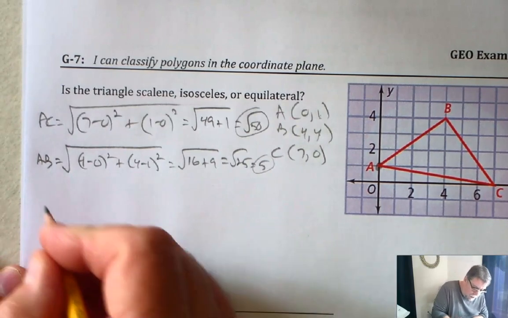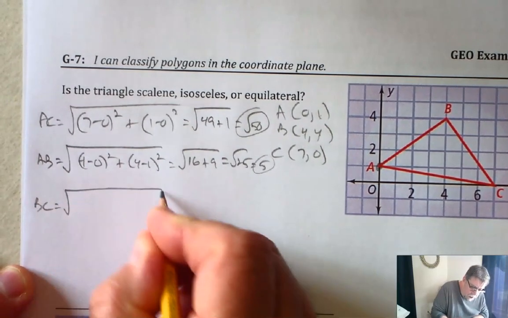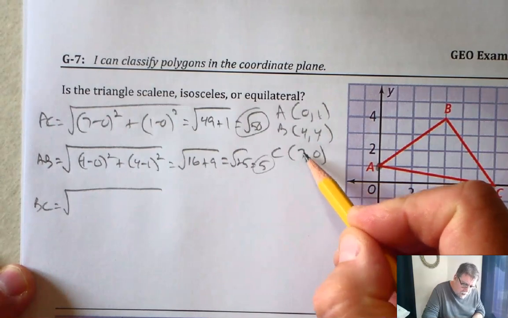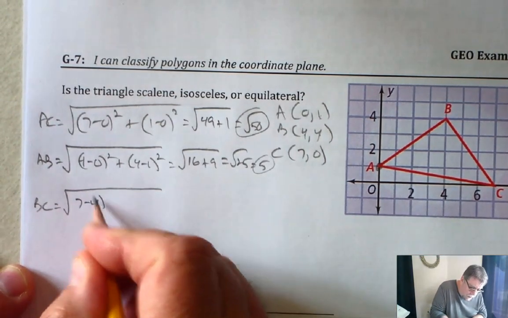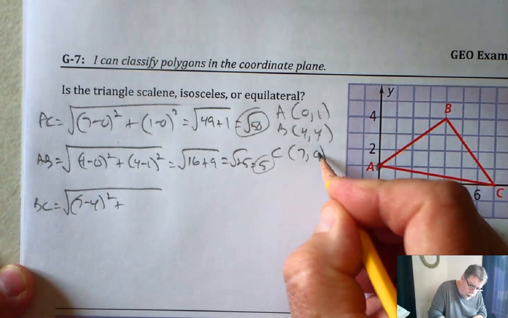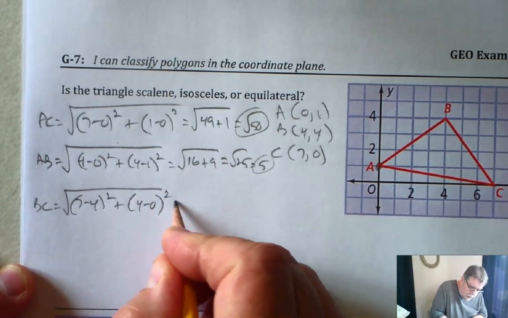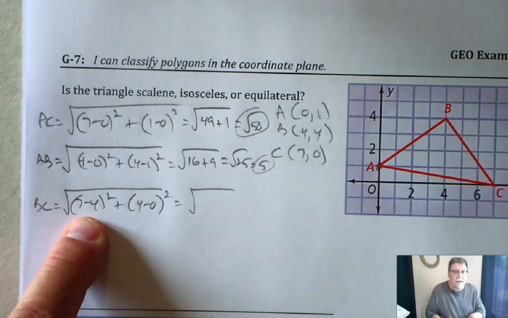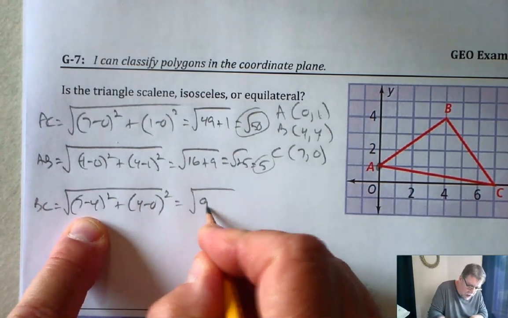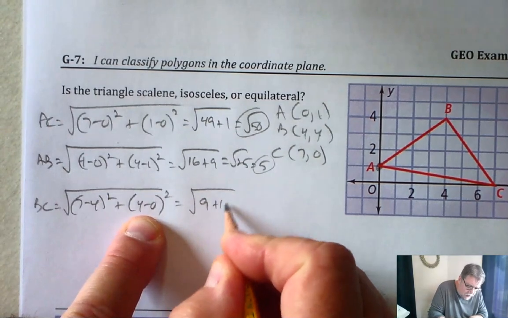We just need now to check BC, and that would be the square root of 7 minus 4 squared plus 4 minus 0 squared, equaling the square root of... 7 minus 4 is 3. 3 squared is 9. 4 squared is 16.